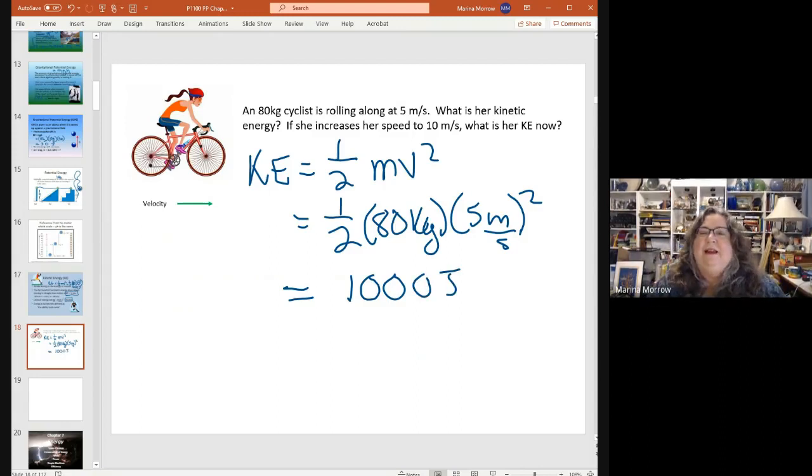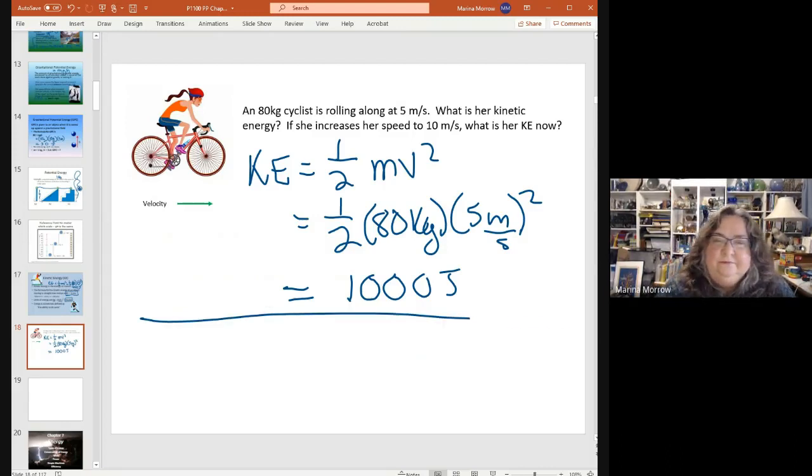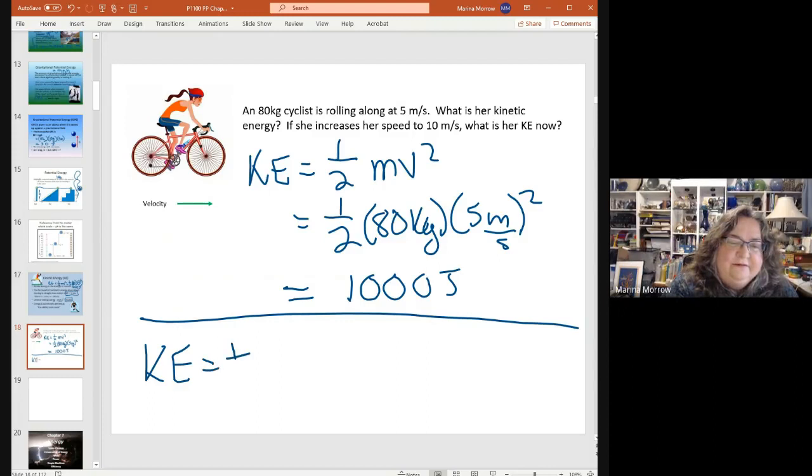Okay, now let's say that she increases her speed to 10 meters per second. So the mass stays the same. But what will happen now? Figuring out her kinetic energy now.